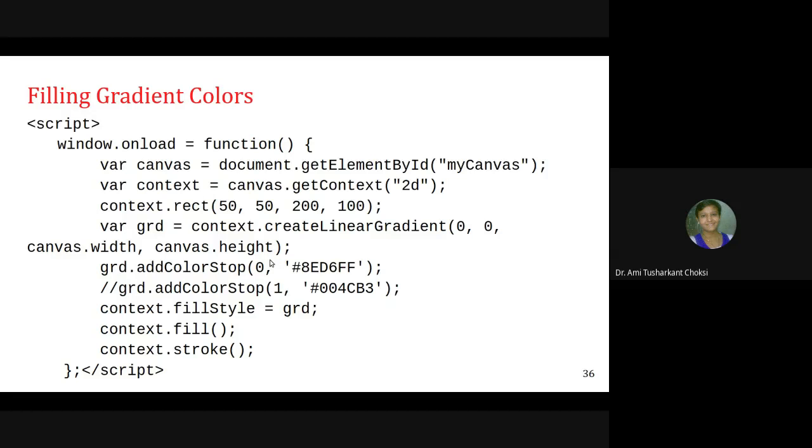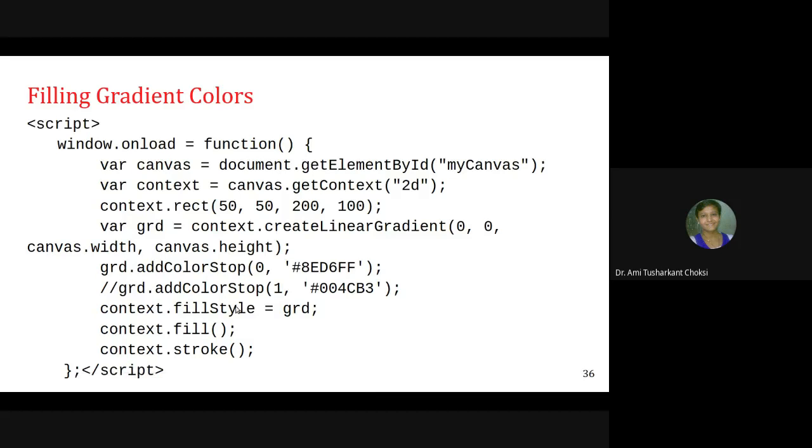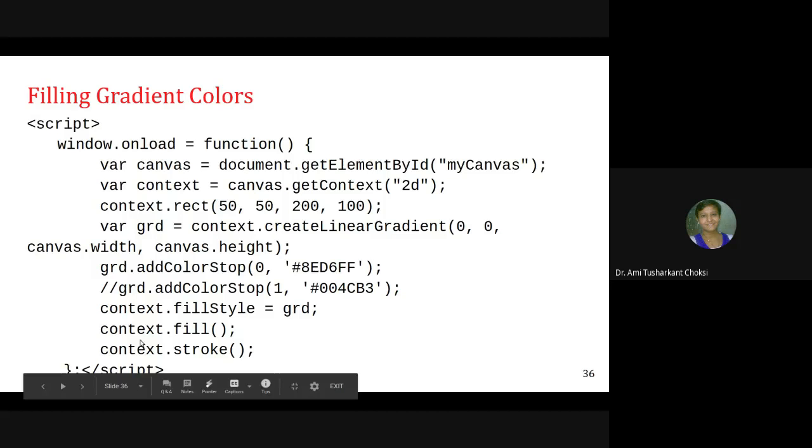Now after that, what we are saying is gradient dot addColorStop 0 comma whatever color you want to specify, context dot fillStyle equal to gradient, context dot fill and context dot stroke, because we are filling, so fillStyle is required, then context dot fill is required, and context dot stroke.